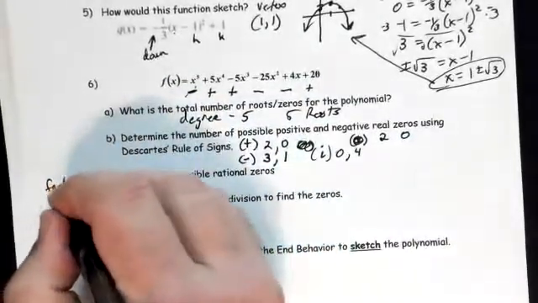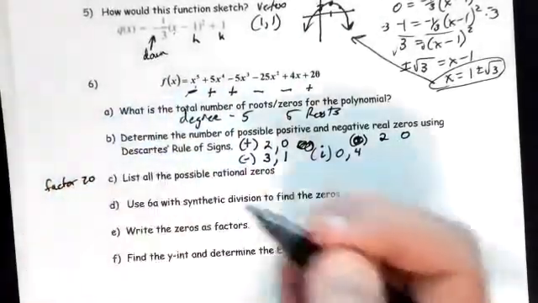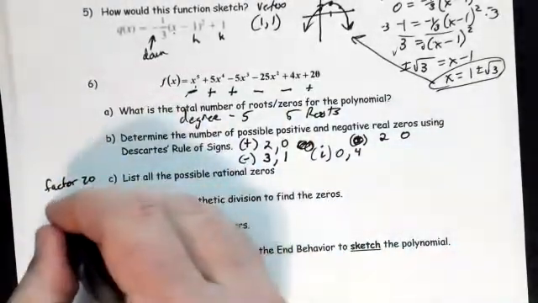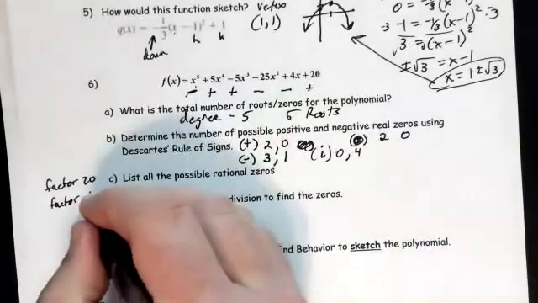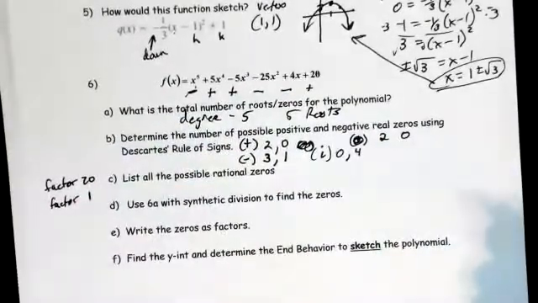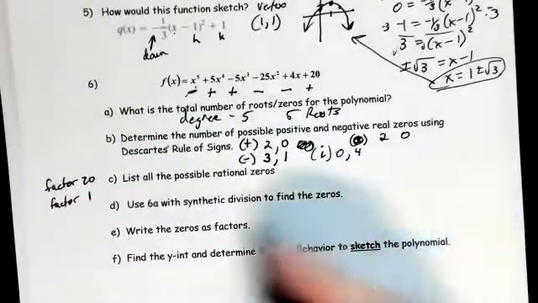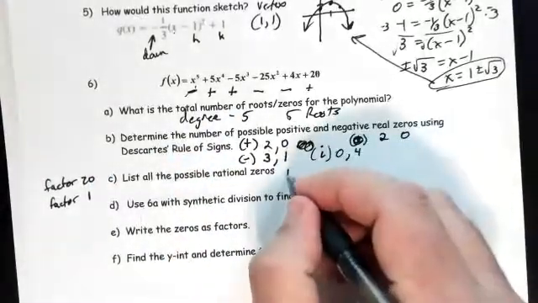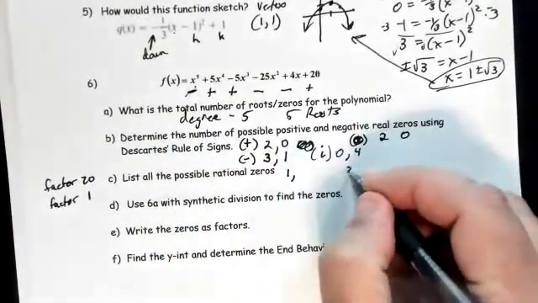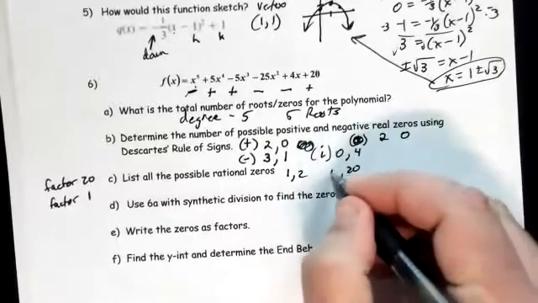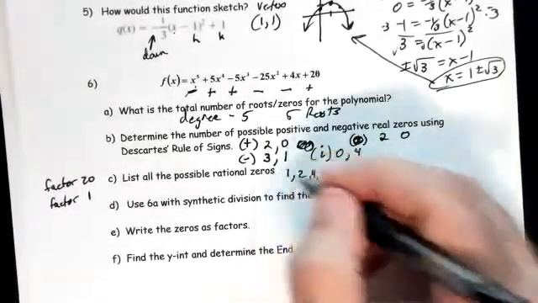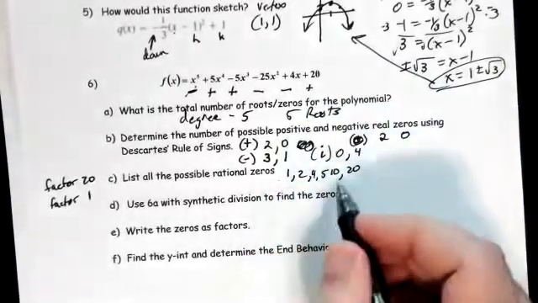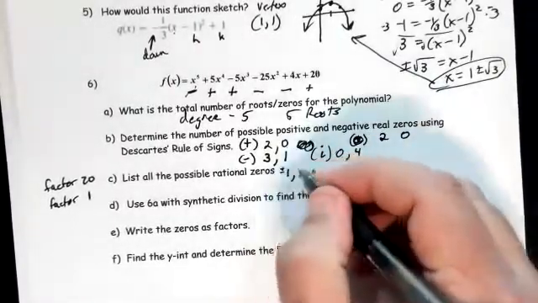So we're going to have the factors of 20 over the factors of the lead coefficient, which is just 1. Okay? So what are the factors of 20? 1 and 20, 2 and 10, 4 and 5. And then all of those are over 1. So we go plus or minus those.